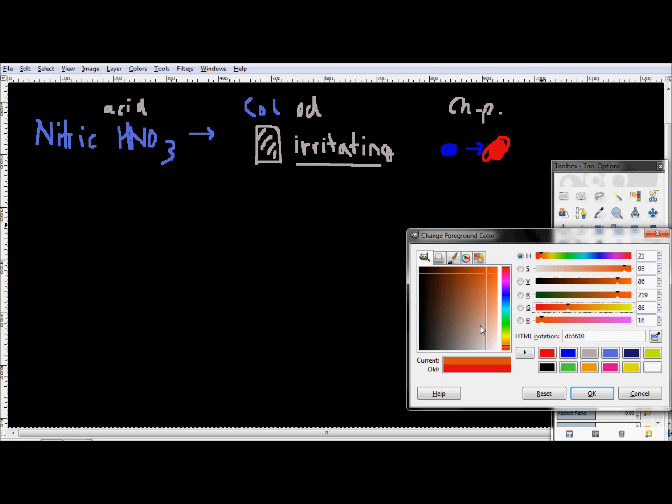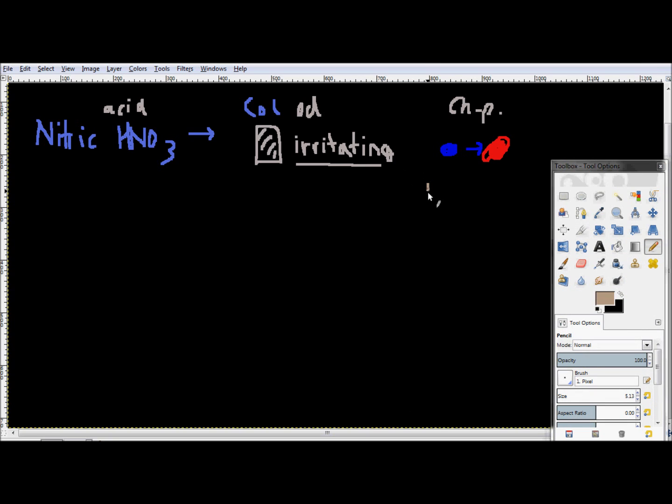So potassium iodide paper, you may have seen it in the lab. It's also called KI paper. It looks something like this. It's in strips like this, and when you expose it to nitric acid, I'm just going to label this as KI paper, potassium iodide.